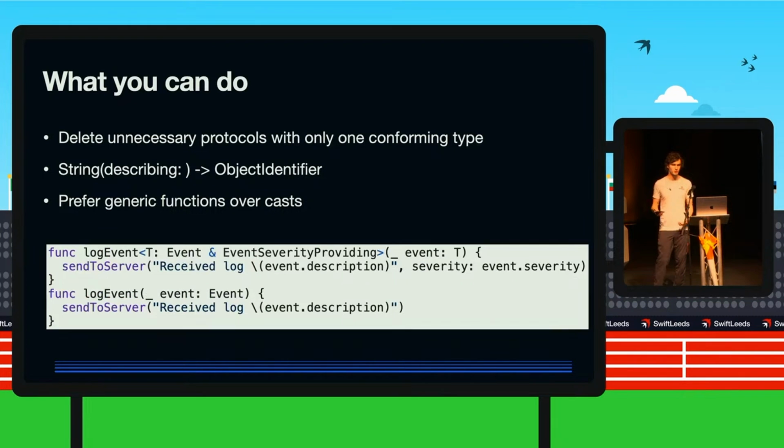You can switch that code over to this and define two functions using generics, and then as long as the compiler knows that at the call site your event conforms to this protocol, it will call the function that is most conforming to the type that's being passed, and give you the exact same behavior, but with no protocol conformance checks. So you can use things like that and really speed these things up by just getting rid of this n squared operation entirely.